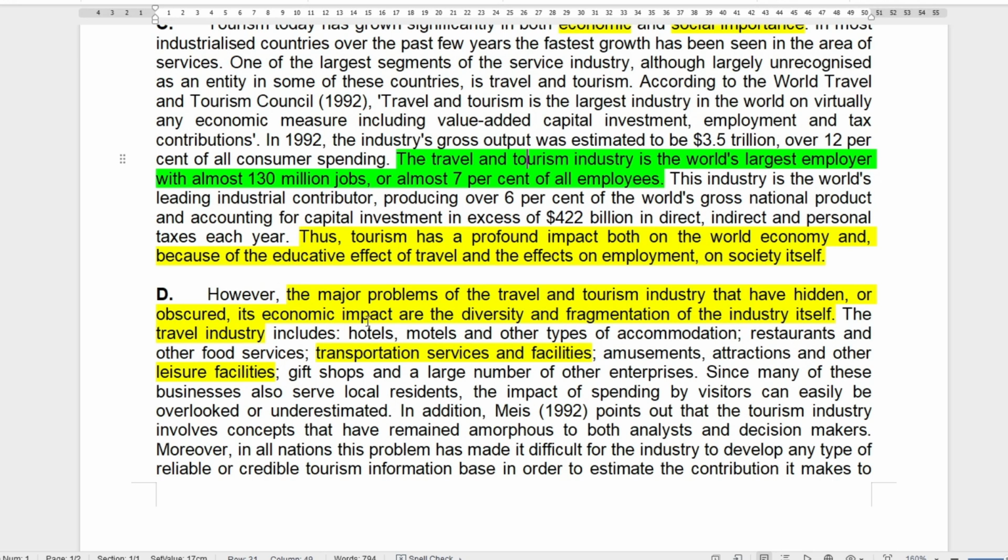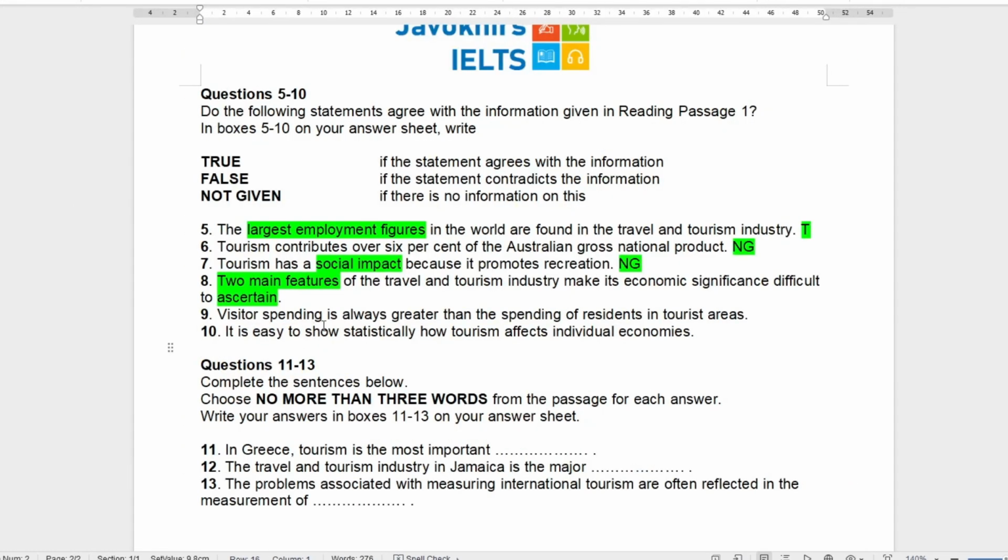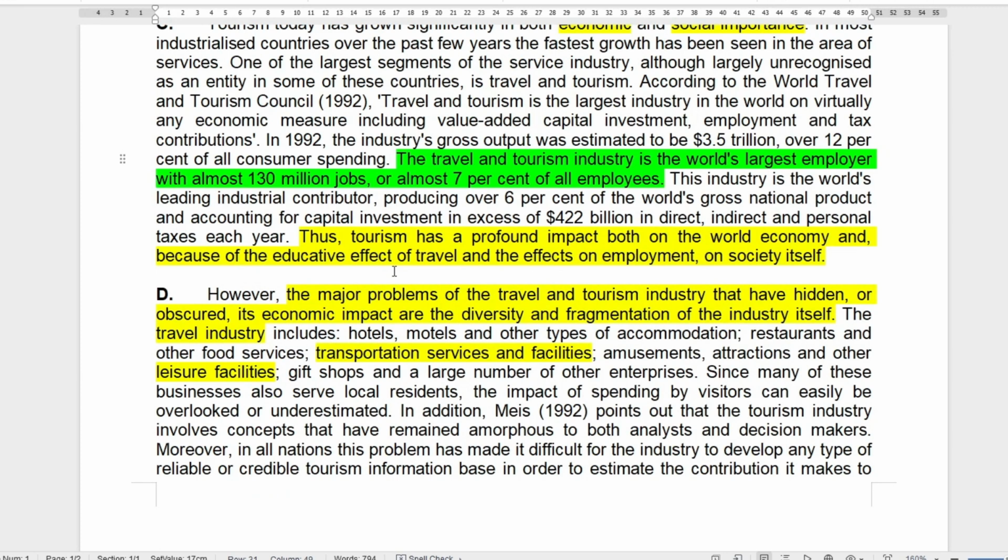Okay, we are really looking for the true information. So the two main features of travel and tourism make its economic significance difficult to ascertain, difficult to know whether it's true or not.